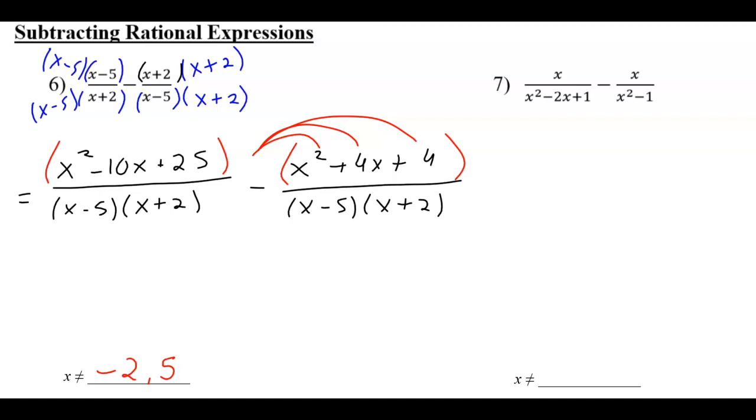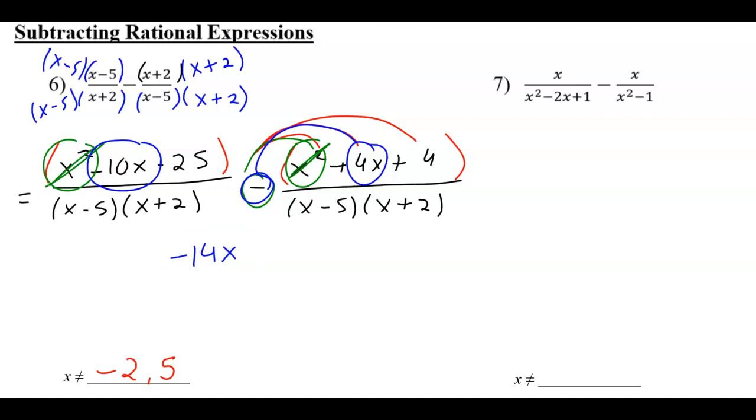So on our numerator, we have x squared minus x squared. So those actually cancel out. Okay, and then we have negative 10x, but then remember this minus goes to the 4. So negative 10 minus 4 would be negative 14x when I subtract those.